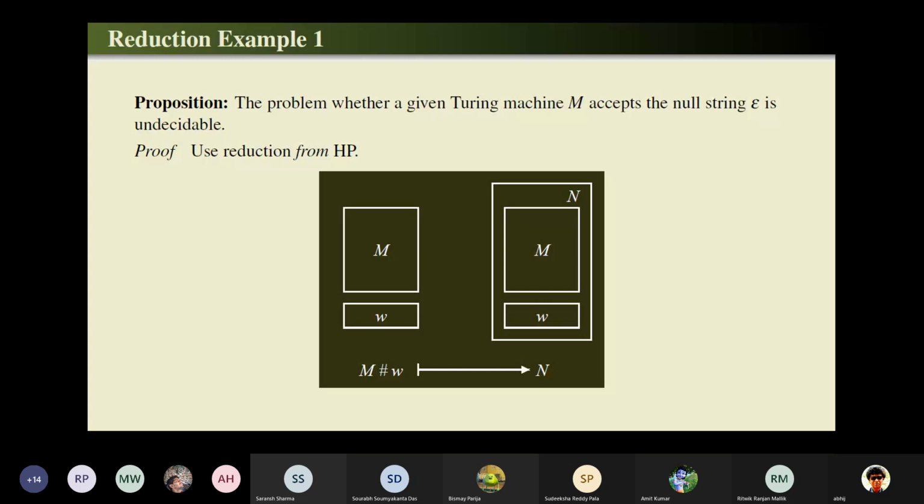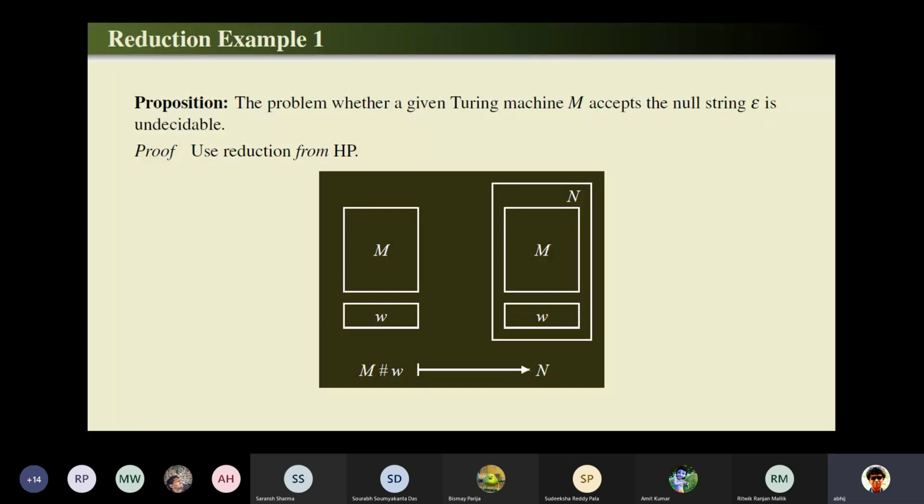Okay. So that reduction algorithm, what it does, it embeds the information about M and W in the finite control of the target machine. Okay. So this is what the picture says.